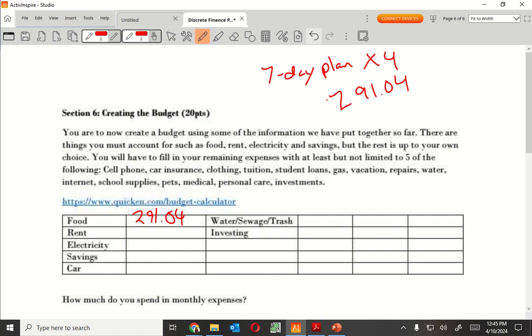Rent. How much was our rent that we just found? 708. That was from what we just found, right? And that's one that you guys already did. That was your finding apartment assignment, where you were supposed to find an apartment and do all that other stuff.